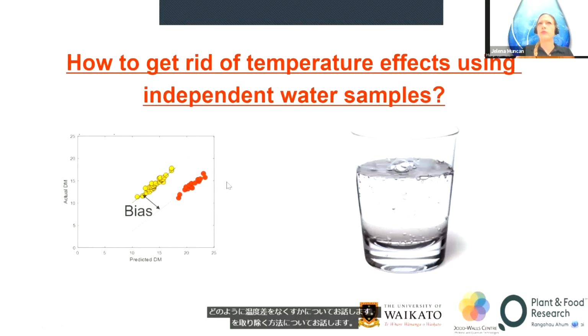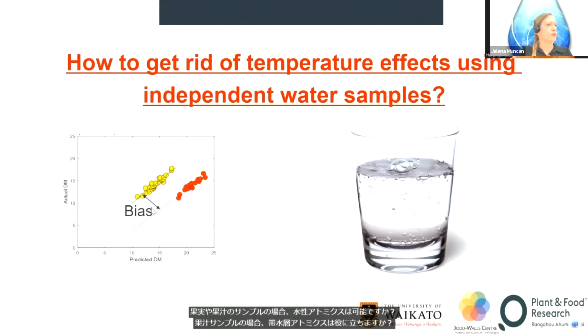As we know, when a calibration model is made at a particular temperature, and when we want to measure new samples at a different temperature, what usually happens? We get errors, we get incorrect readings because of this bias problem.